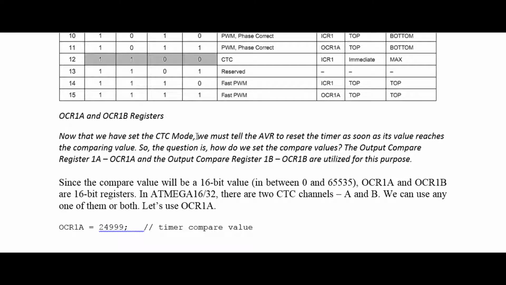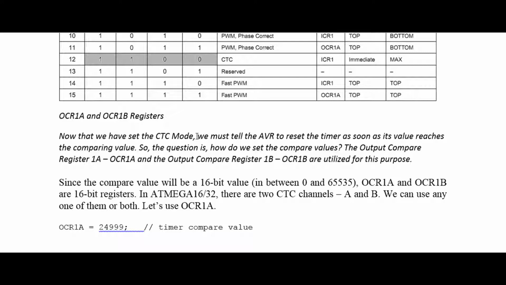After setting the CTC mode, we must tell the AVR to reset the timer as soon as its value reaches the comparing value. So the question is, how do we set the compare value? The output compare register 1A, OCR 1A, and the output compare register 1B, OCR 1B, are utilized for this purpose. Since the compare value will be a 16-bit value, in the range of 0 to 65,535, OCR 1A and OCR 1B are 16-bit registers.